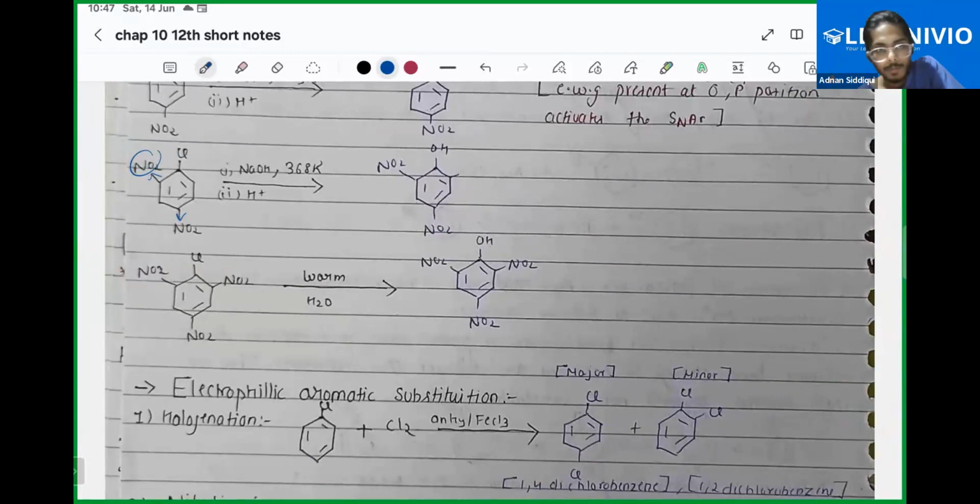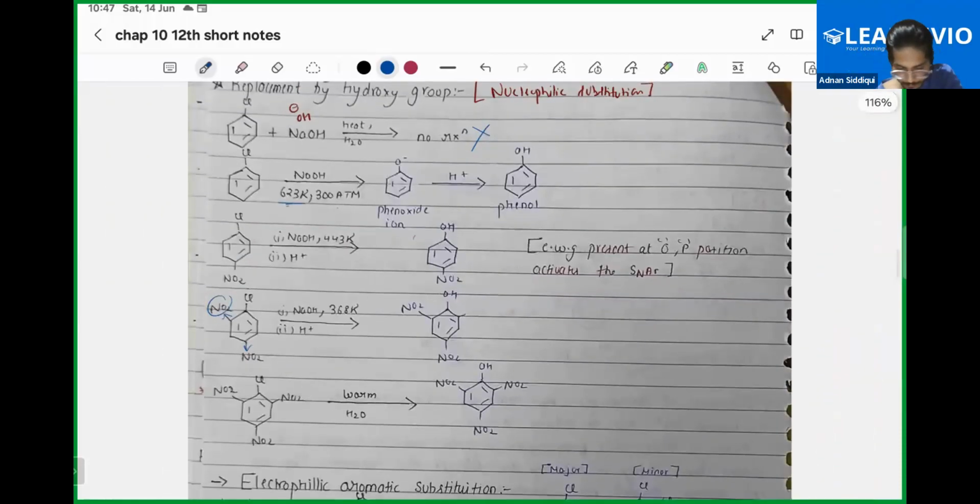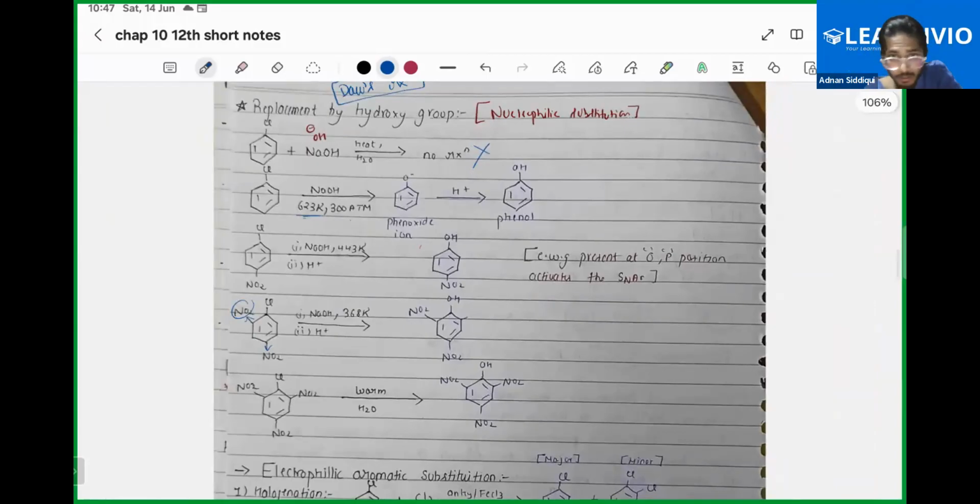The arrogance is gone. Now it will allow the nucleophile to attack. The more electron withdrawing groups we attach, the poorer the benzene becomes, and the more prone it is to attack by our external nucleophile. Is it making sense? If you have doubts, please ask me.